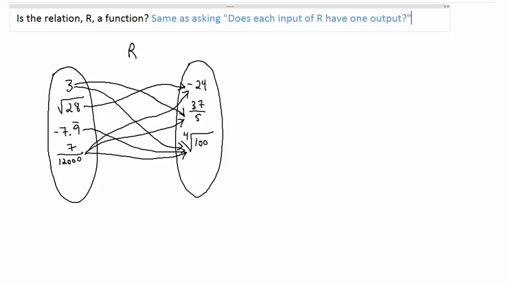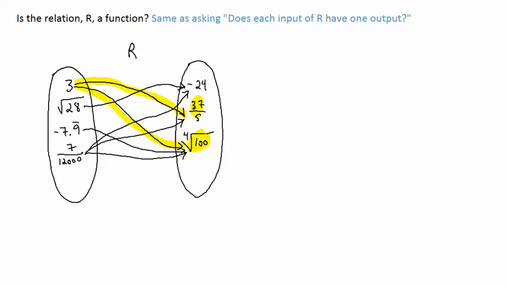So we can look at this right away, right? And we can see that the input of 3 has two outputs. So immediately we can say the relation R is not a function.